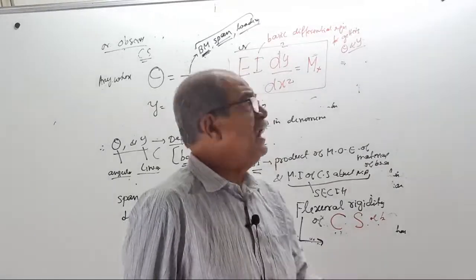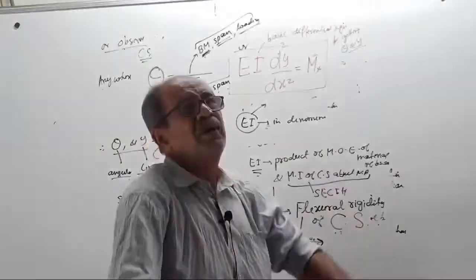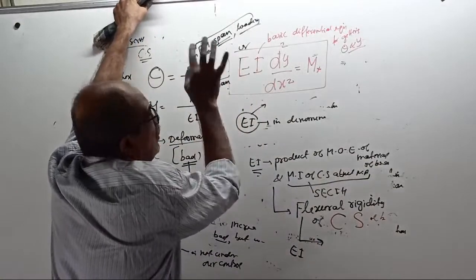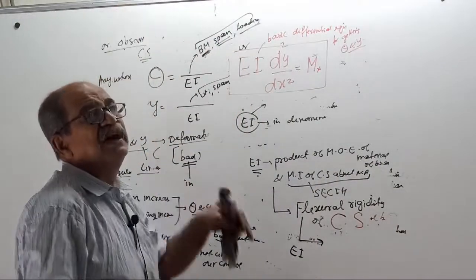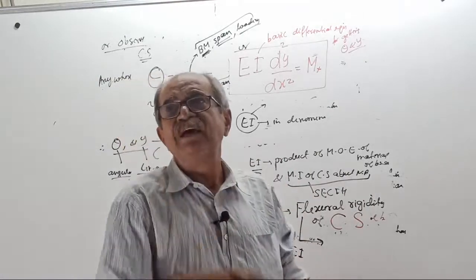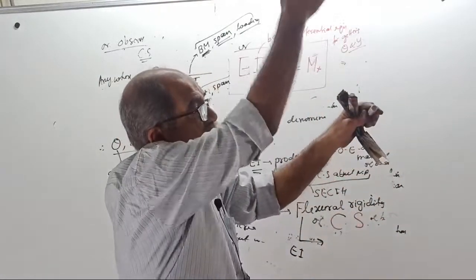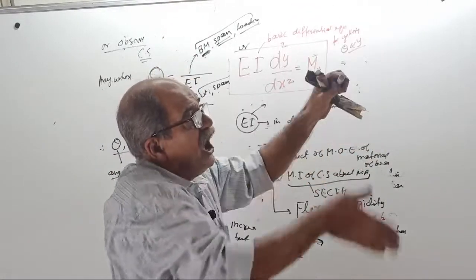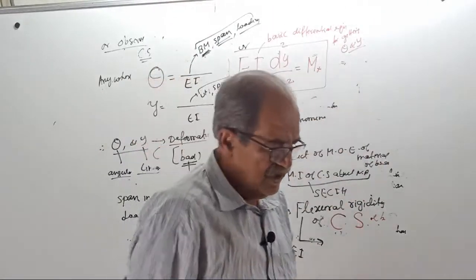When you talk about loading more, span more, bending moment more, we cannot do anything, we are helpless. A desperate feeling. But EI is flexural rigidity of the cross section of the beam. So EI is good.